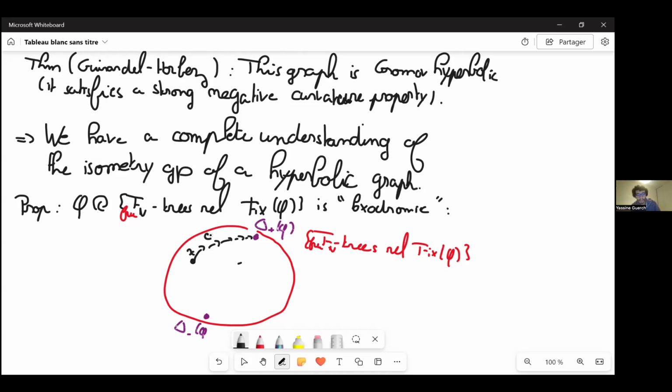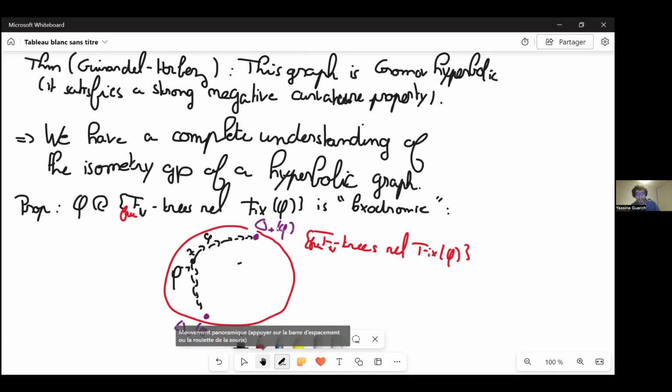This is under iteration of phi. And if you iterate by phi minus 1, it will converge to delta minus of phi. This is under iteration of phi minus 1. And this is true for every point x.